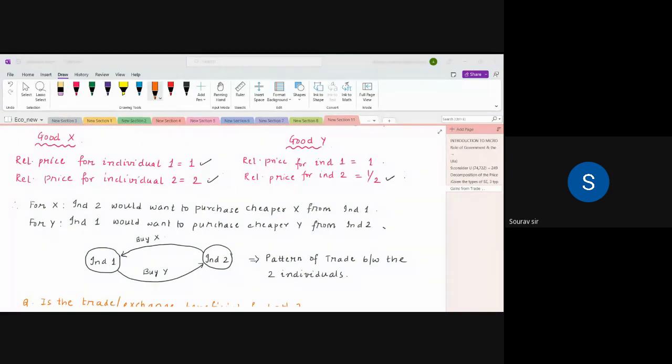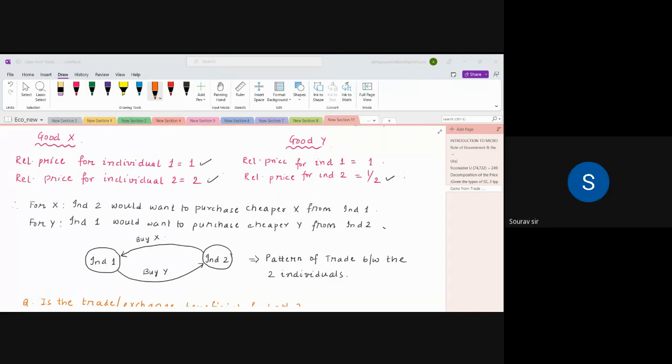Ankit, maybe if you can just give me some reason as to why do you think so? Any rough reason will also do. Yeah, here we can have a beneficiary for each of the goods. In good X, individual 2 is buying from individual 1, right?